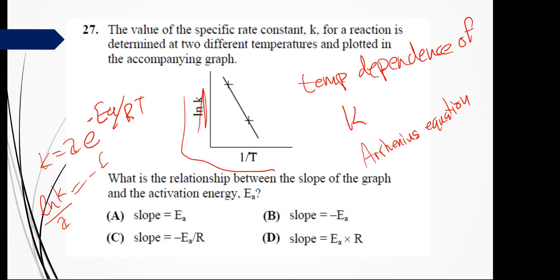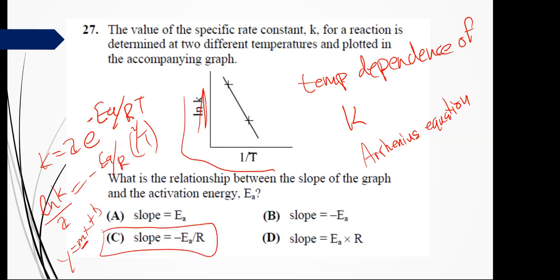The exponent becomes negative EA over R. And this 1 over T, sorry, is going to be our X term. So you can see that this is taking Y equals MX plus B. And so our M is our slope, and it should be negative EA over R. And that's how you came up with that part.